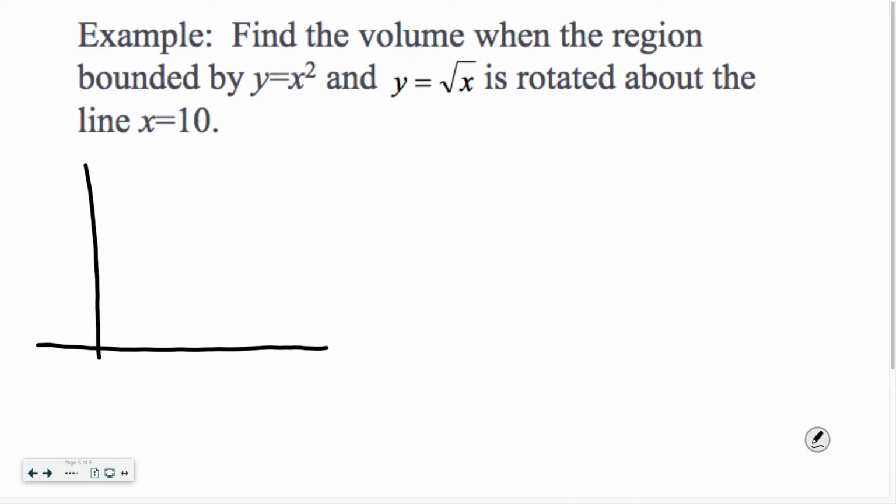Now this is a region we looked at yesterday, right? No, maybe not. But we have square root of x and x squared. So it's going to look like that. Do you agree?